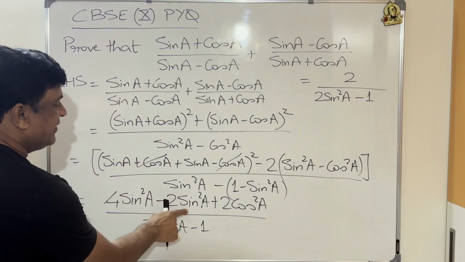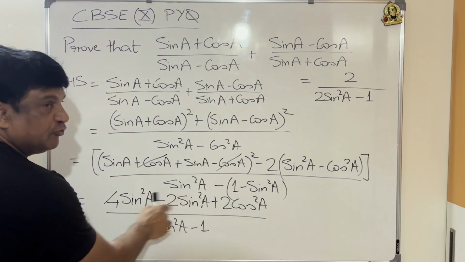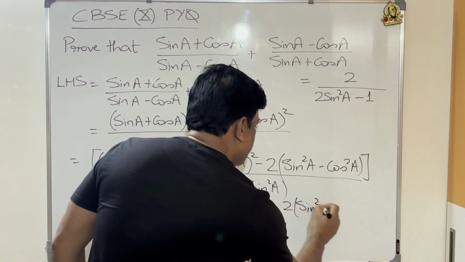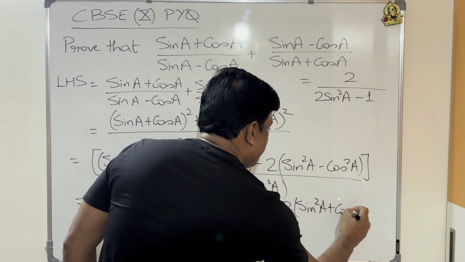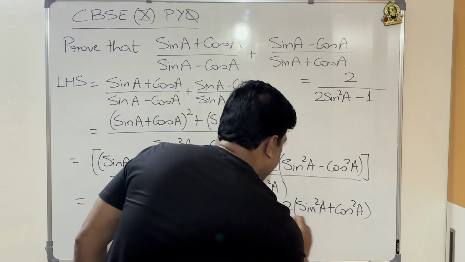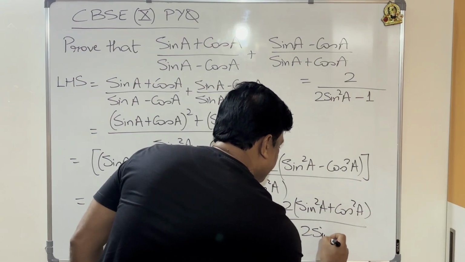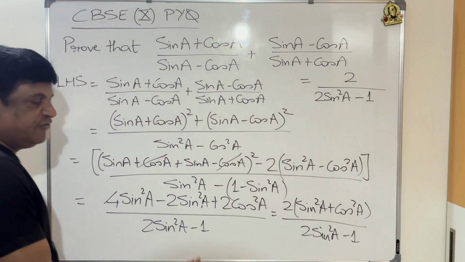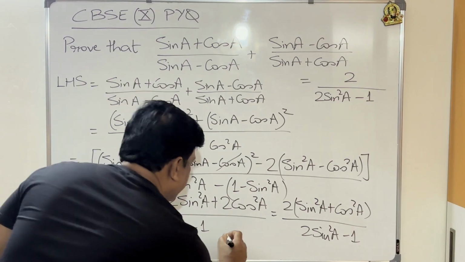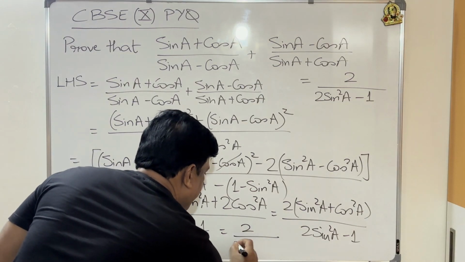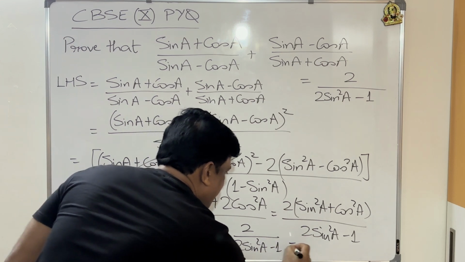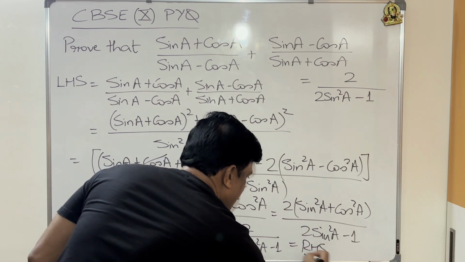When you do 4 sine square minus 2 sine square, you'll get 2 times sine square a plus cos square a divided by 2 sine square a minus 1. What is this quantity? That is 1. So you are basically getting 2 divided by 2 sine square a minus 1, which is equal to RHS. Proved.